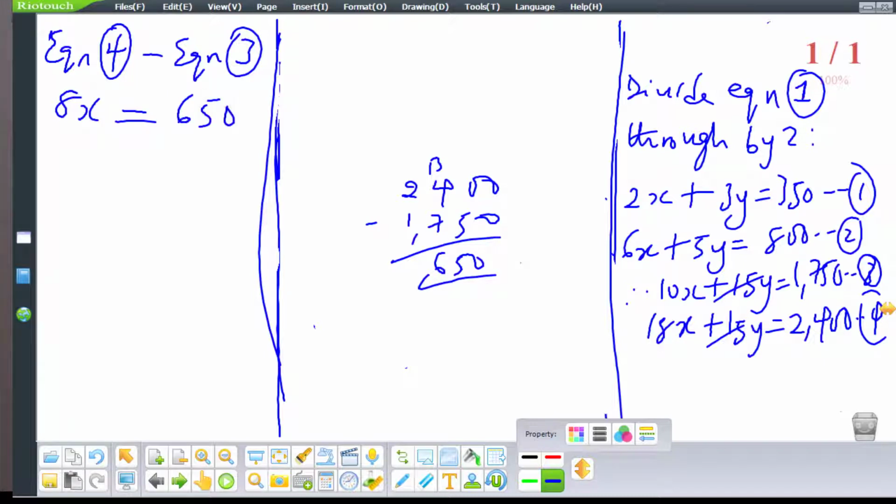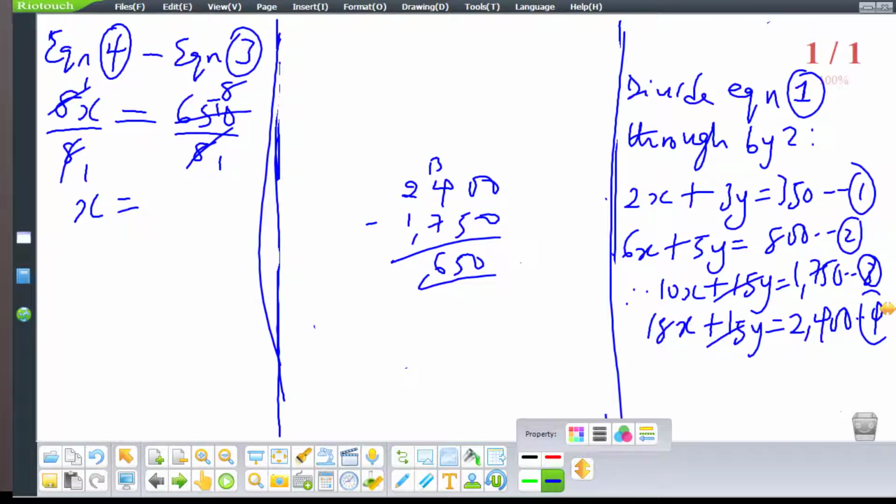So we say divide both sides by 8. In dividing both sides by 8, we're going to have x equal to 650 over 8. 8 in 65 is 8, that's 64, remainder 1.